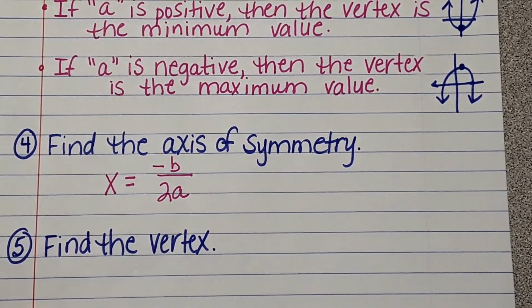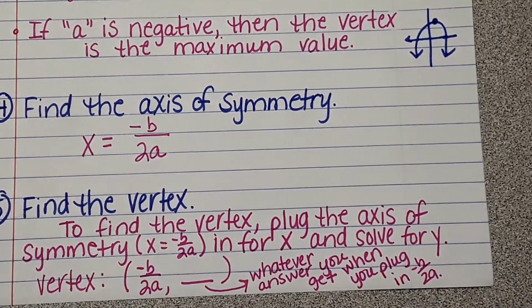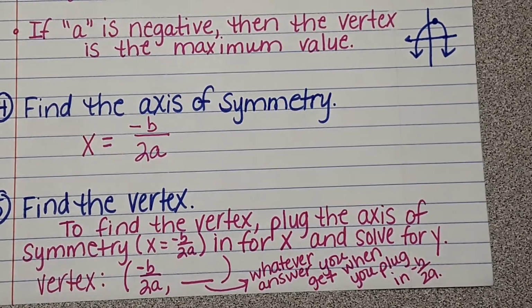So, to find the vertex, you're going to plug the axis of symmetry in for x and solve for y. You guys, not always is your axis of symmetry going to be a fraction. It can be an integer, like -1, 1, 0. No, it won't ever be 0. Well, it could be, depending on if b is 0.